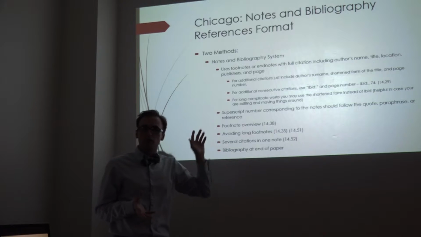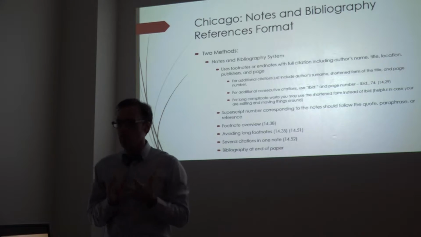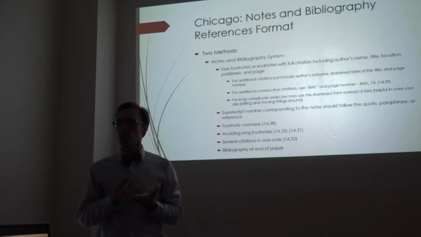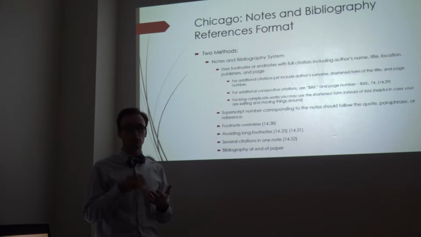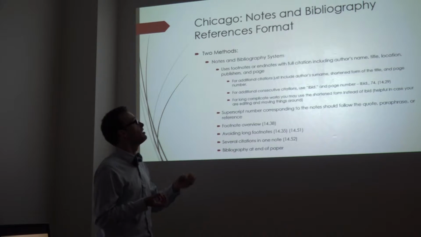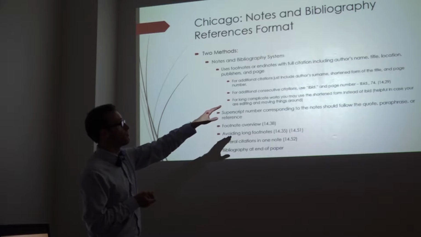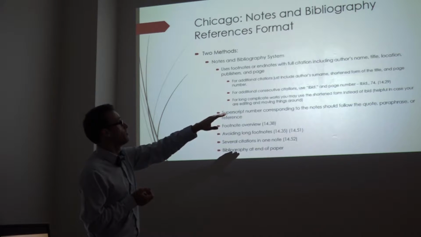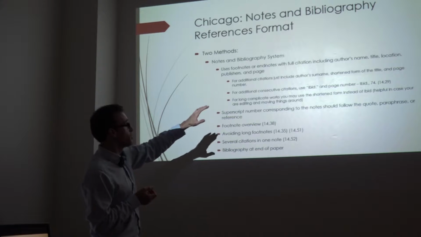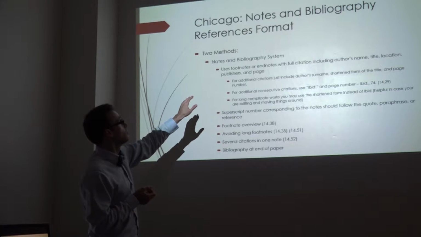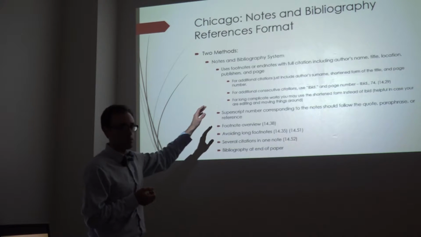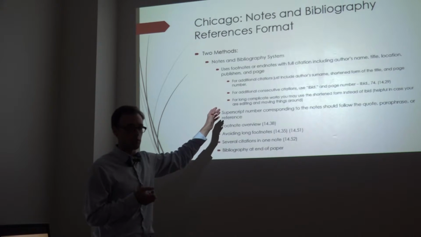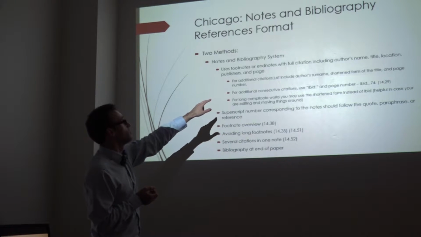When you're writing a footnote, the most primary relevant information that you need to find or cite is the author's name, the title of the work, the location, the publisher, and the page. So the city the work was published in, the publisher's location, and then finally the page.